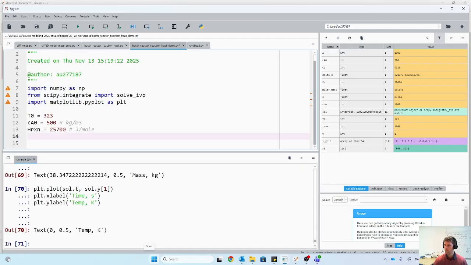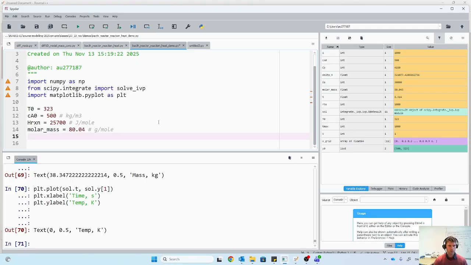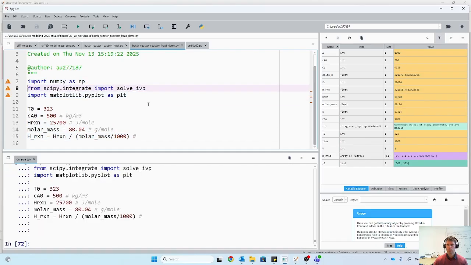So the molar mass of this compound is 80.04 grams per mole, and we can then calculate the HRXN in kilograms, which equals HRXN divided by the molar mass, and then divide this by 1,000 to get it in kilograms instead of grams. Let's run this to start with. Good.